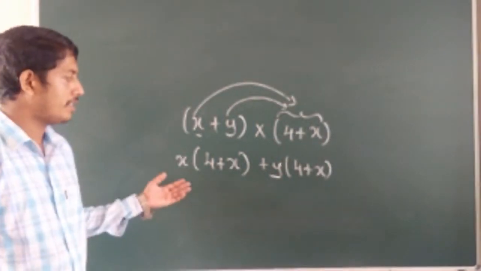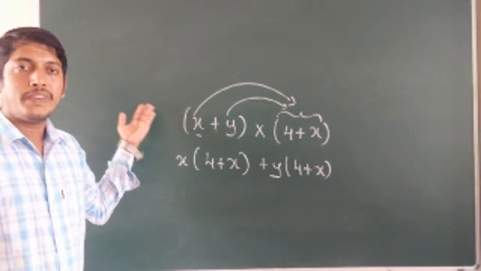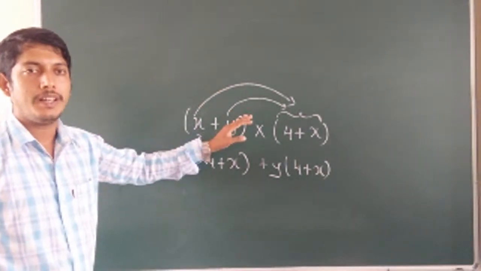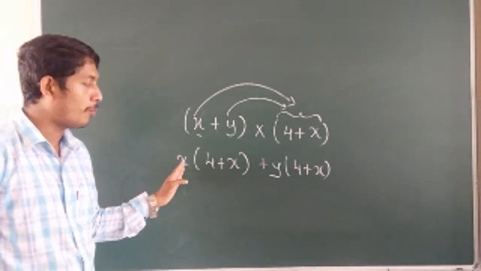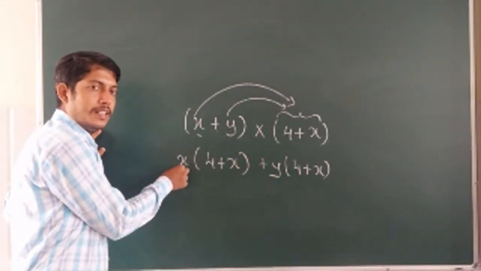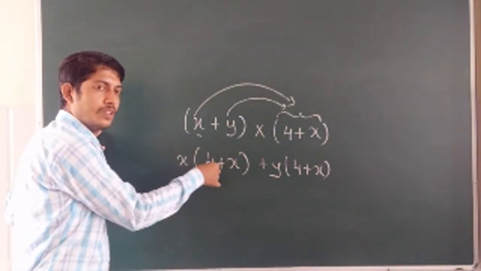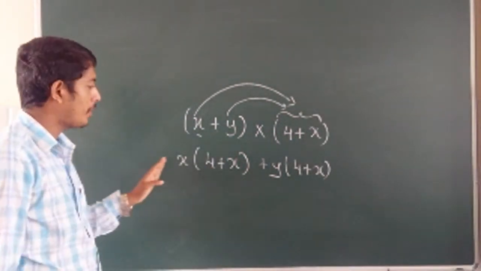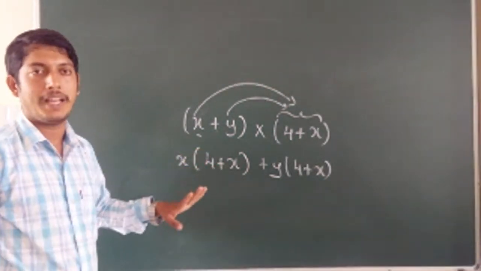So we are reducing the multiplication of binomial and binomial into multiplication of monomial and binomial. See here, it is a single term, it is a monomial, and this has two terms, it is a binomial, and combined it is known as multiplication of monomial and binomial.